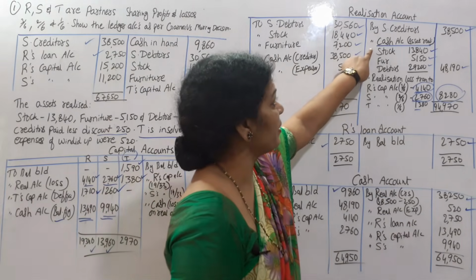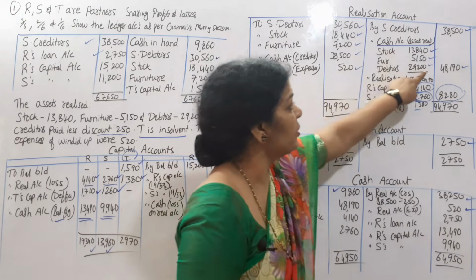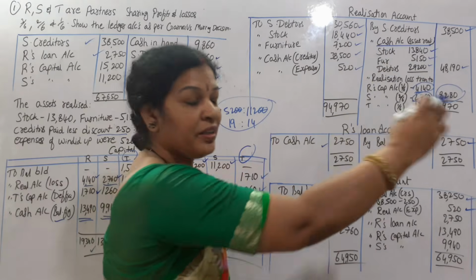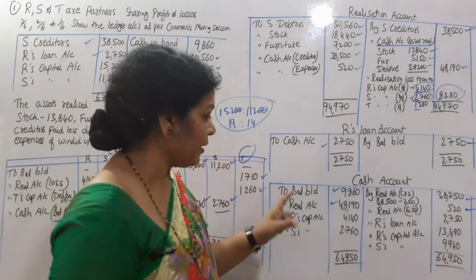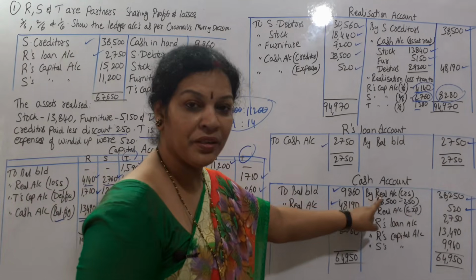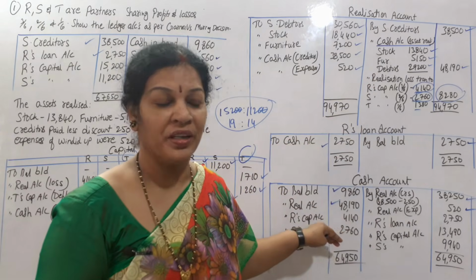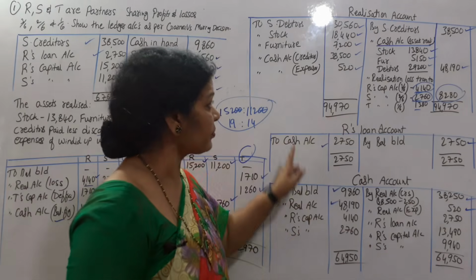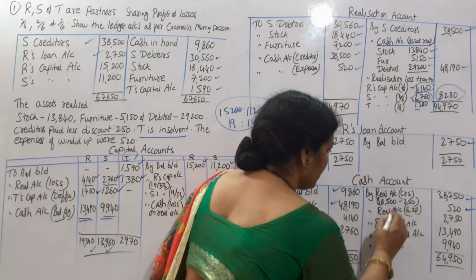And on the credit side we can find the asset realization cash. How much is it on the credit side? 48,190. Credit to debit 48,190. We are writing realization account. Here also we have written realization account. From realization account we are transferring, right? Credit to debit. These two, debit to credit. So we have written realization account.